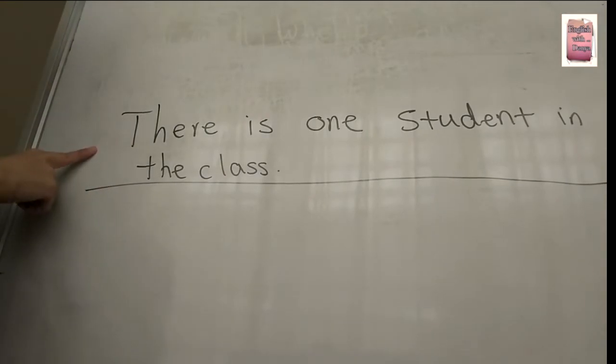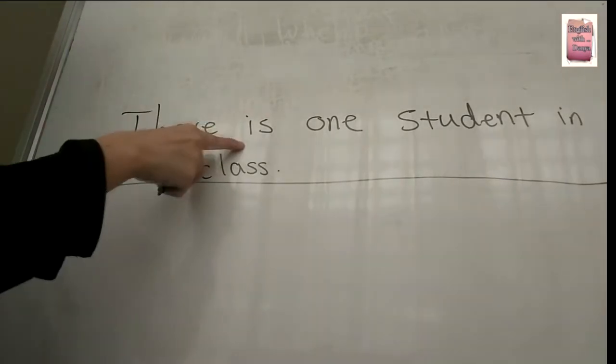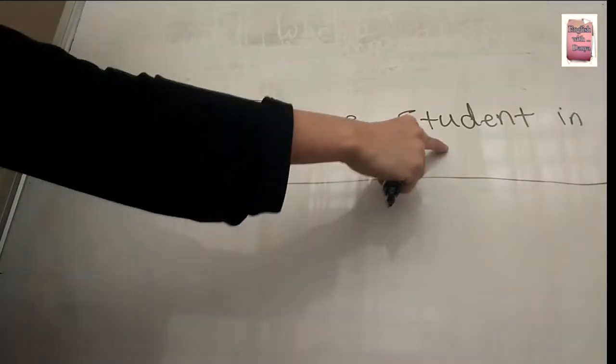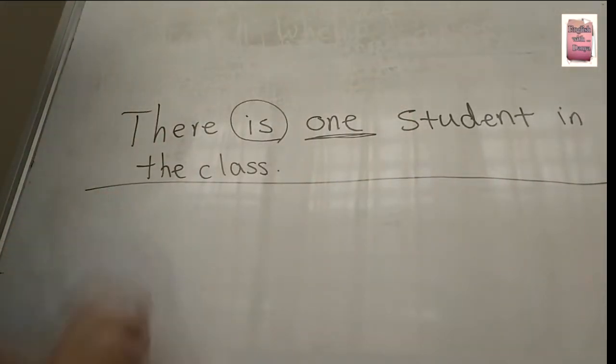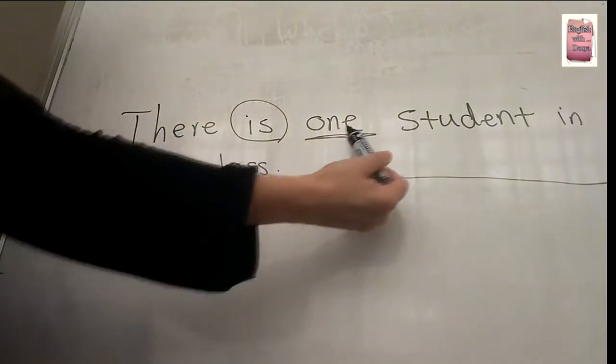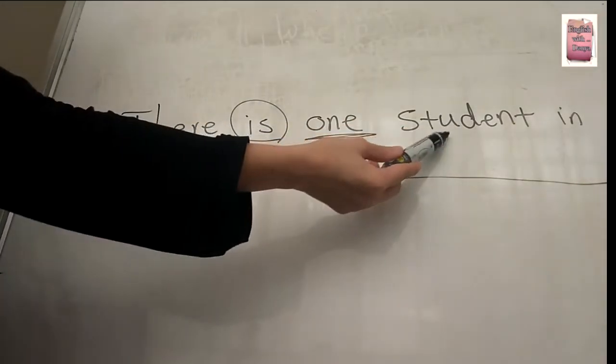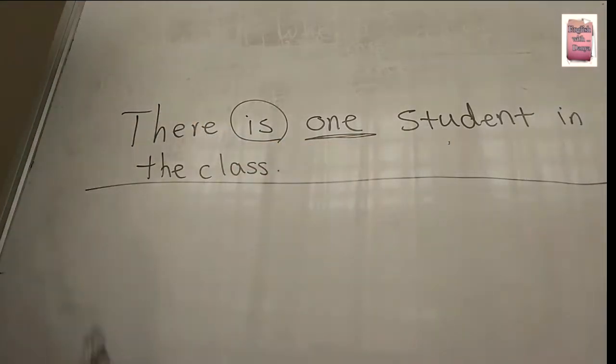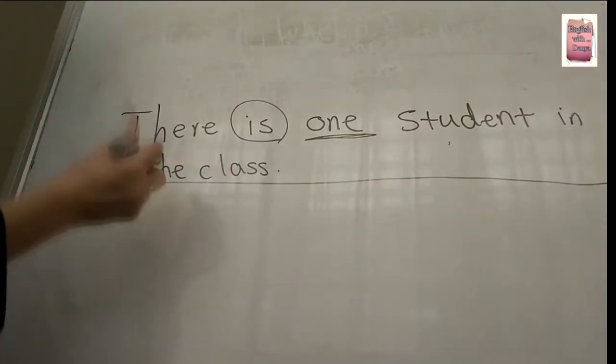Now let's look at this example. There is one student in the class. So because we only have one, we can say one student, because it is possible to count. But let's look at this.